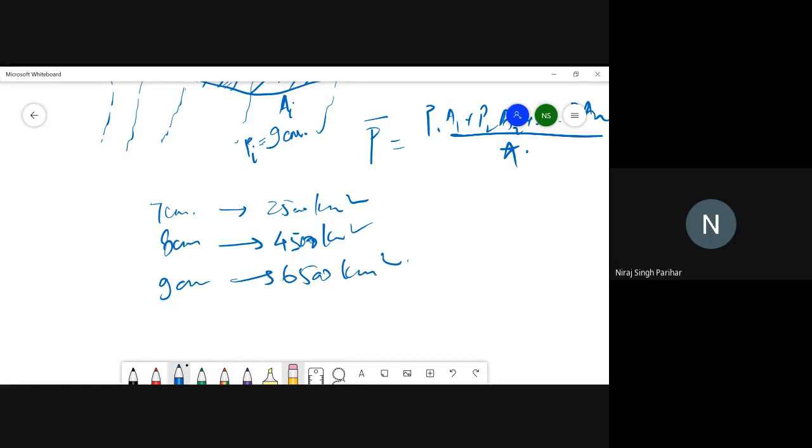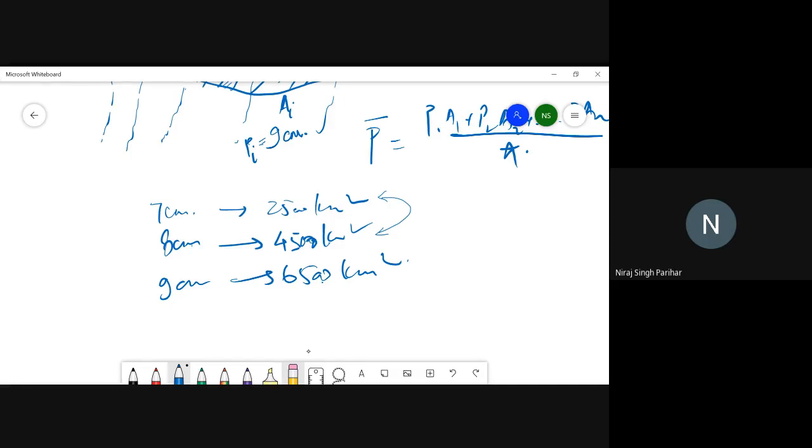Then you must know that the area that is contained between this contour 7 centimeter and 8 centimeter is a difference of these. ठीक है, अगर ऐसी रीडिंग्स आपको मिल रही हैं ऑलवेज इंक्रीजिंग ऑर्डर में, so then you should understand by default that these are cumulative values. Okay? And you need to find out the difference between two values to get the area between any two contours.